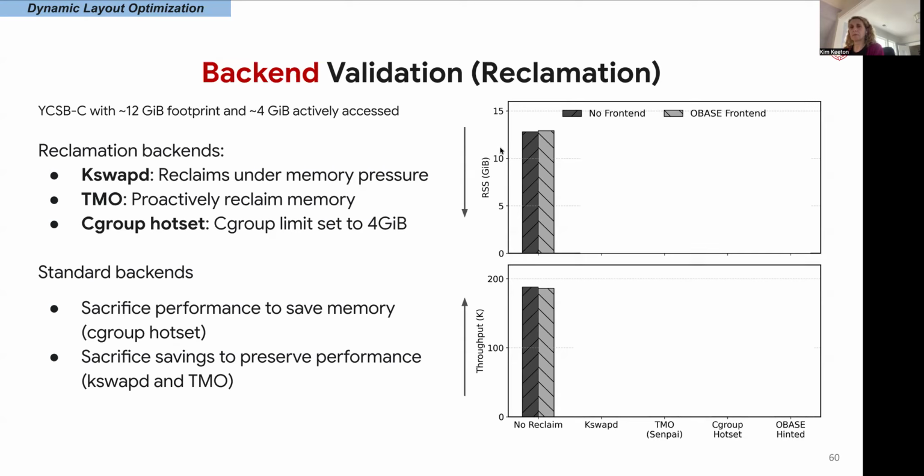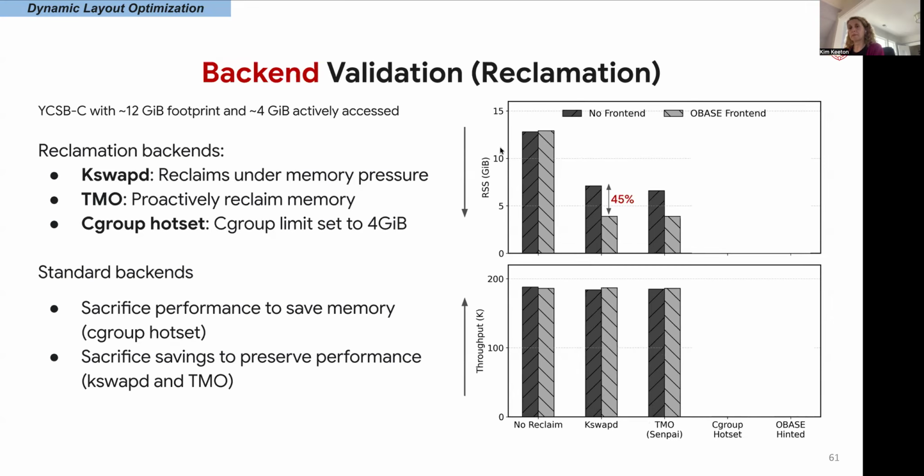And in this graph, what you're seeing here is throughput and residence size. Higher is better for the bottom, lower is better for the top. And in the no reclaim phase, where there is no front end and OBASE front end, it's pretty much the same. For K-swap-D and TMO, we can see with just K-swap-D, in this case, it uses about 7 to 8 GB of memory.